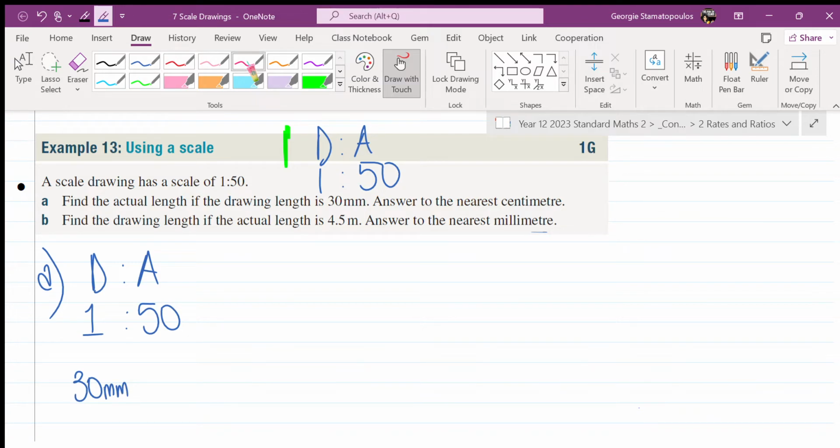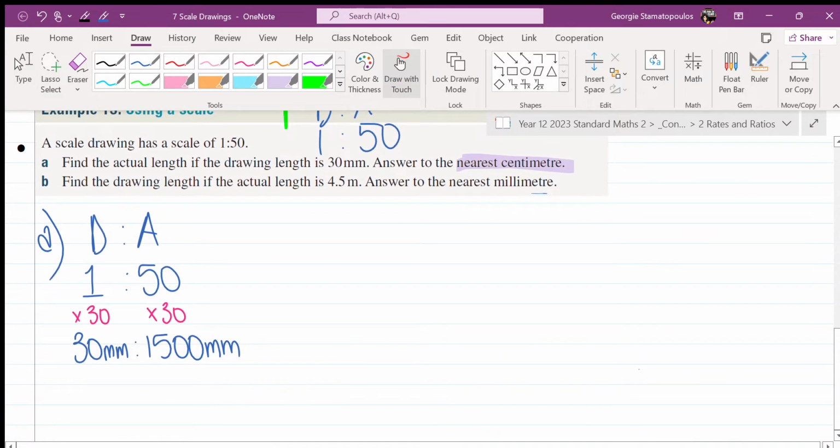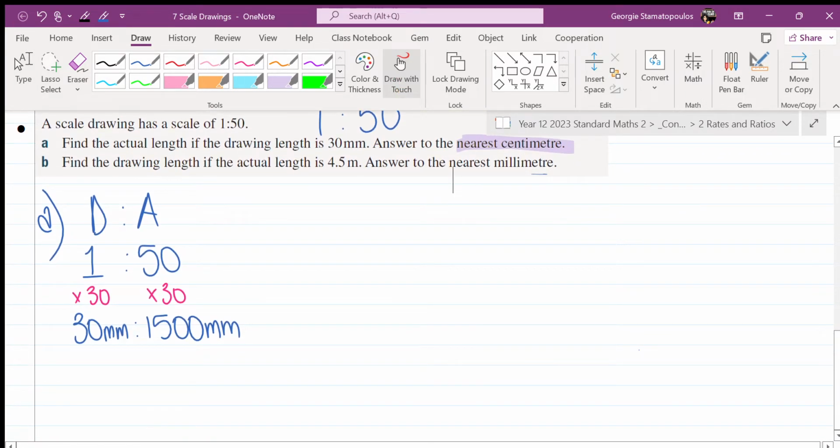So how do we go from 1 to 30? We're going to multiply by 30. What we do to one side, we must do to the other. 50 times 30 is 1,500 millimetres. But if you look at the question, it is specifically stating to the nearest centimetre. So we need to adjust, change millimetres to centimetres, and to do that we're going to divide by 10.